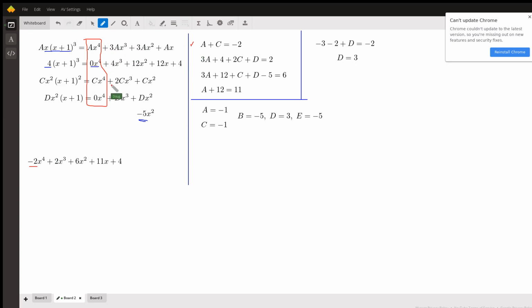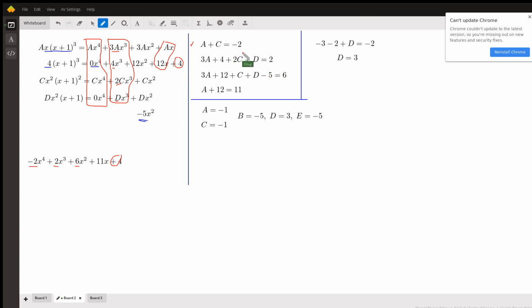For x cubed, the sum of the coefficients has to equal this 2. There we go. And similarly, the x squared coefficients have to add up to 6. The coefficients of x have to add up to 11. And of course, this 4 is equal to this 4.